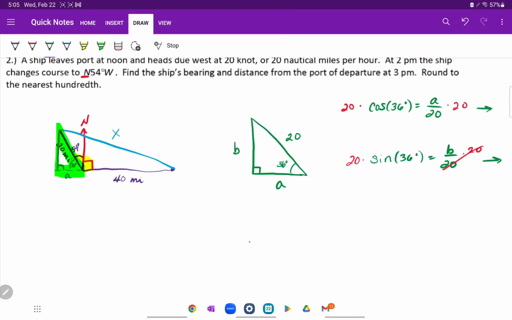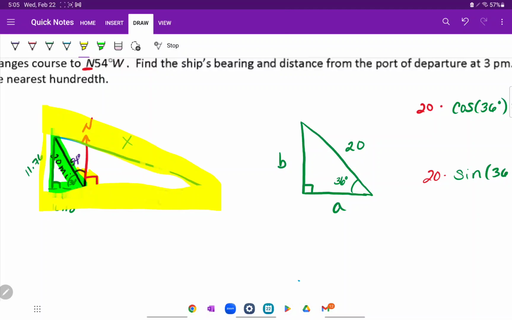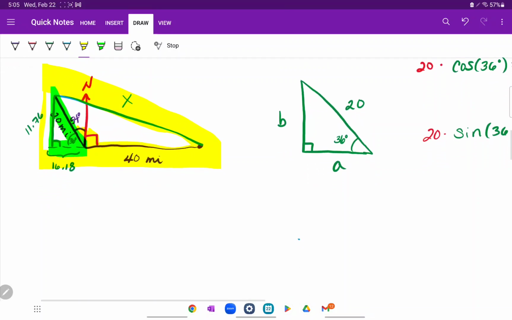So I'm going to label those two numbers here on our original diagram. So now if we turn our attention to this bigger right triangle, I'm going to break it out.